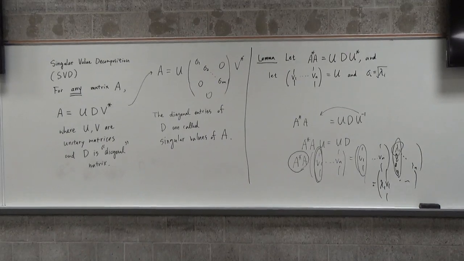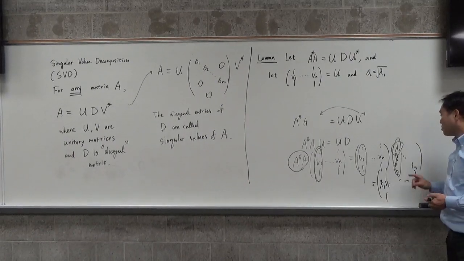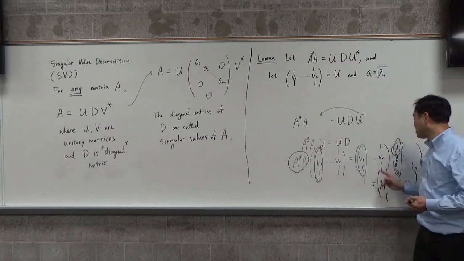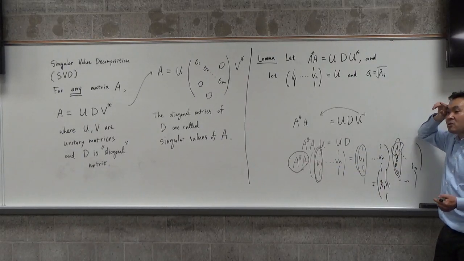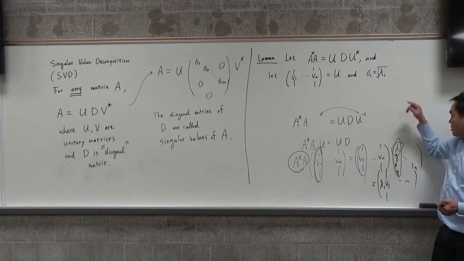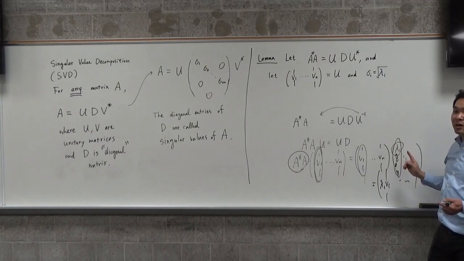Now that makes you a little nervous because although we know that Hermitian matrices have real eigenvalues, what if this is negative? But it turns out that these eigenvalues will always be positive.